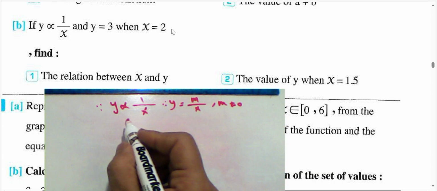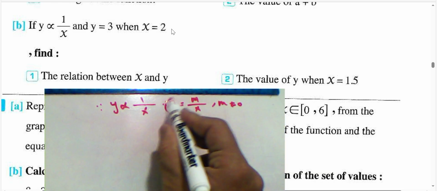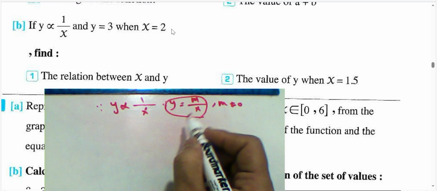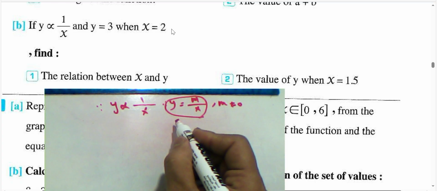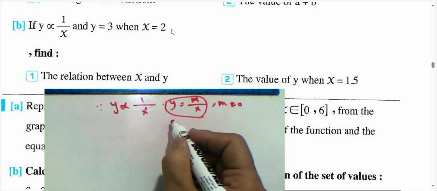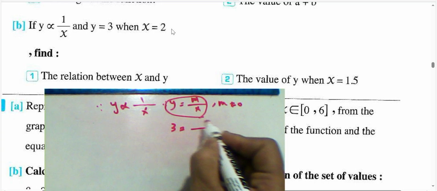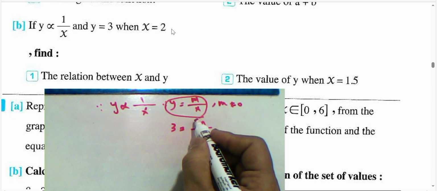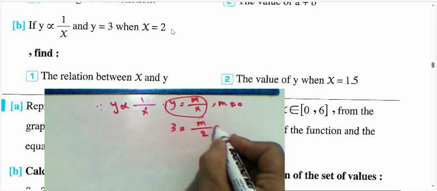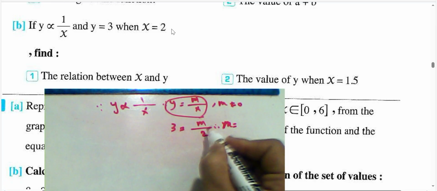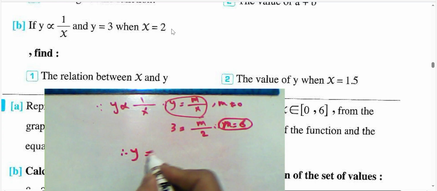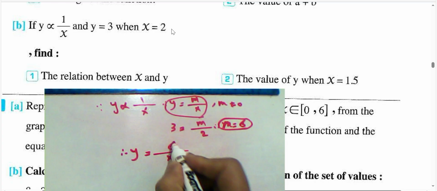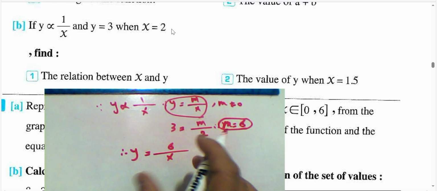Next, put in this relation Y equals M over X to find the constant first. When Y equals 3, X equals 2, then the product M equals 2 times 3 equals 6. The constant equals 6. So the relation between Y and X is Y equals 6 over X.